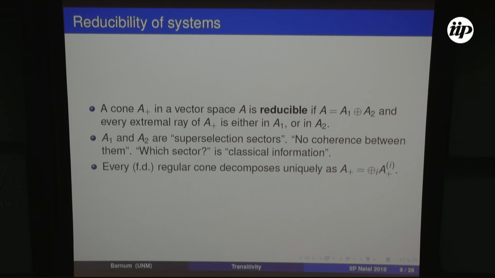Every finite dimensional regular cone decomposes uniquely, maybe up to relabeling, into irreducible summands. So when you're trying to characterize GPT state spaces, if you characterize the irreducible ones, you've pretty much done the job, because then you just have a bunch of different classical sectors, and it's pretty clear how that works.